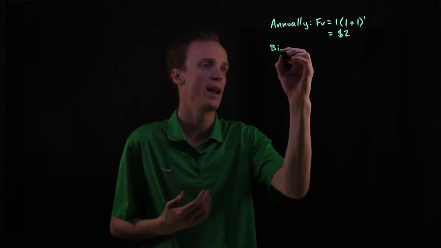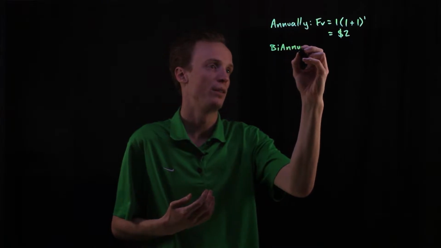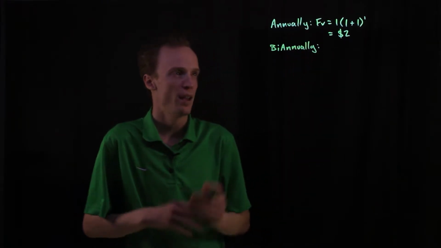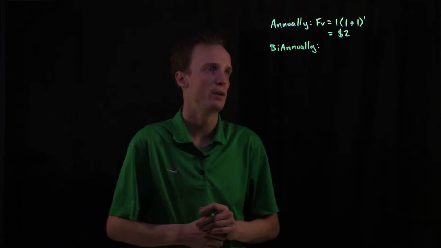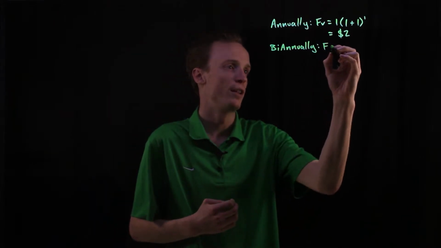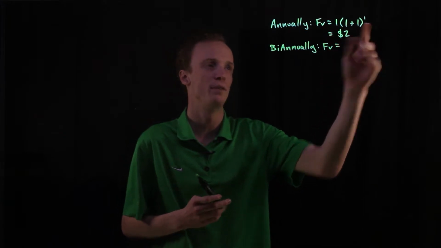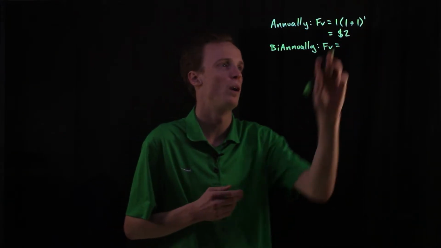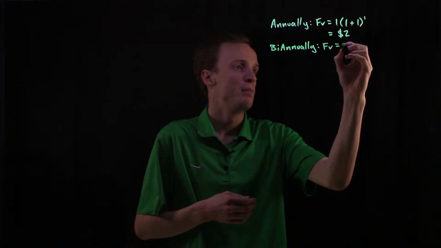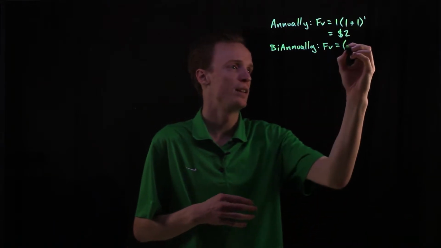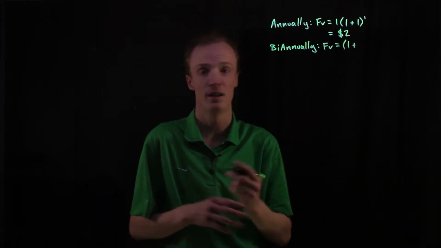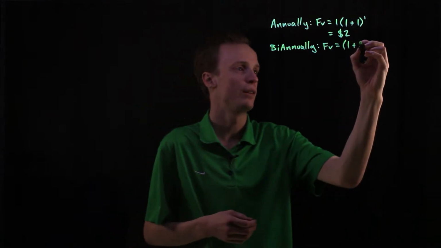So we'll go with biannually next, which will mean that our interest is going to compound twice per year. So to find our future value, we would have to do our $1 investment, but this is just 1 times whatever's here. So I don't really need to write this 1 here at all. But it's going to be my $1 times my 1 plus my interest rate, and I've still got a 100% interest rate, so that's 1.